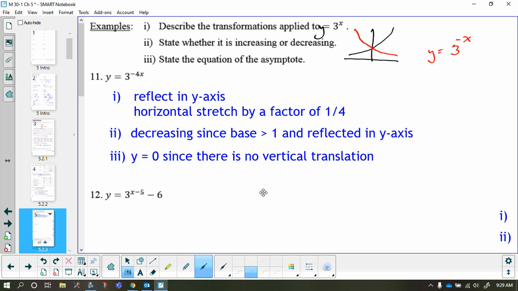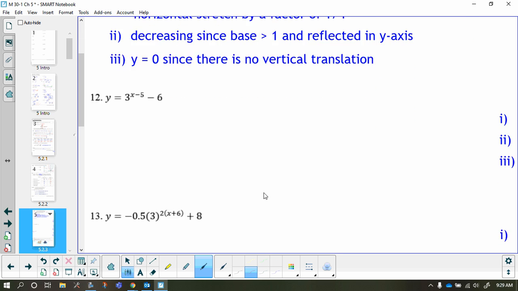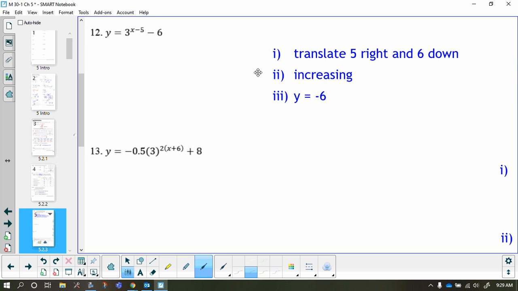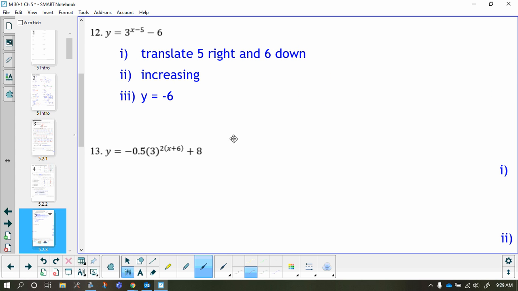Try number 12, and then restart the video when you want to see my solution. Well, because we just have numbers added and subtracted in there, we just have translations. There are no reflections. Our base is greater than 1, so our graph is increasing.